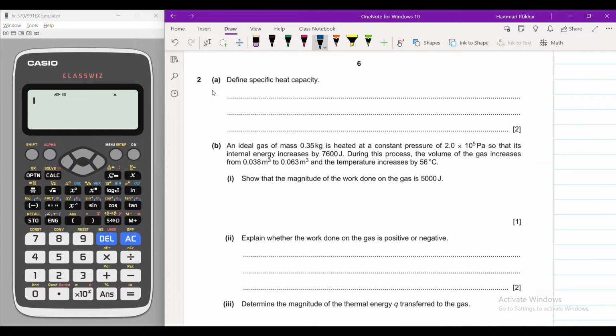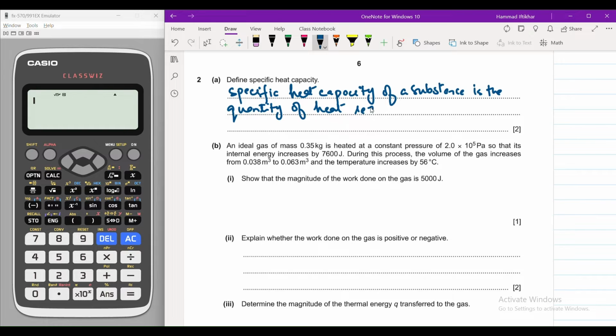Question number 2, define specific heat capacity. So specific heat capacity of a substance is the quantity of heat required to raise the temperature of a unit mass by a unit temperature, by 1 unit temperature.